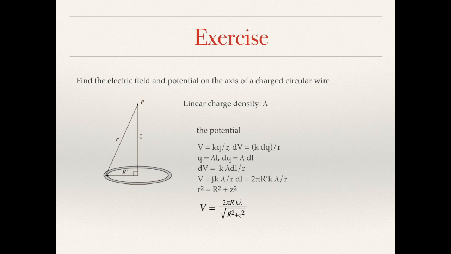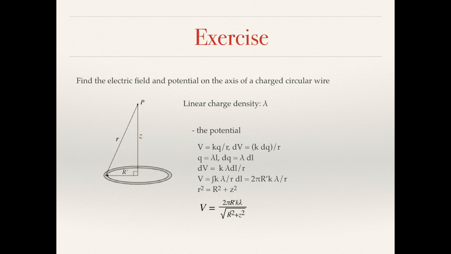Because dl times lambda is equal to dq, and V, the potential, is equal to kq over r, we easily get dV, which is the potential at point P generated by only a small part of the wire. It is equal to k lambda dl, which is an infinitesimally small part of the wire, over r.